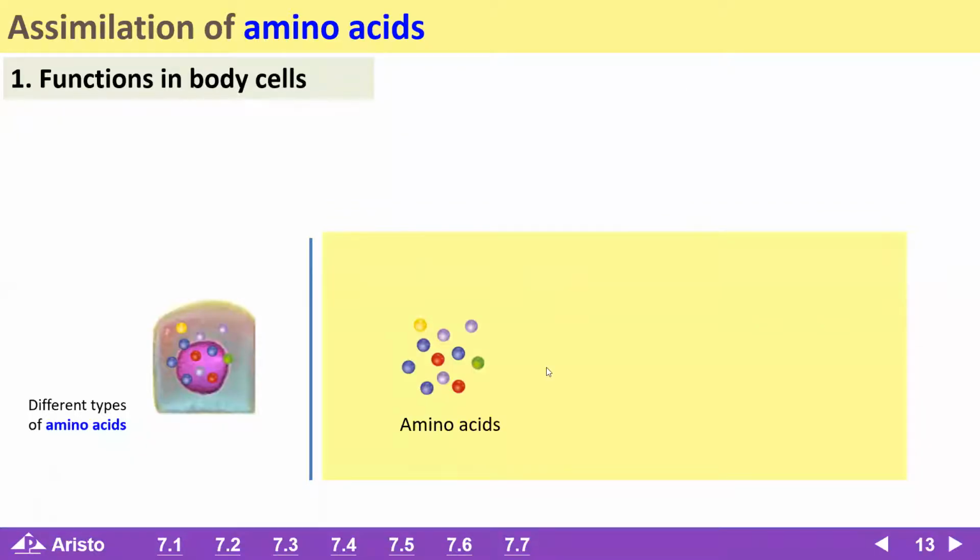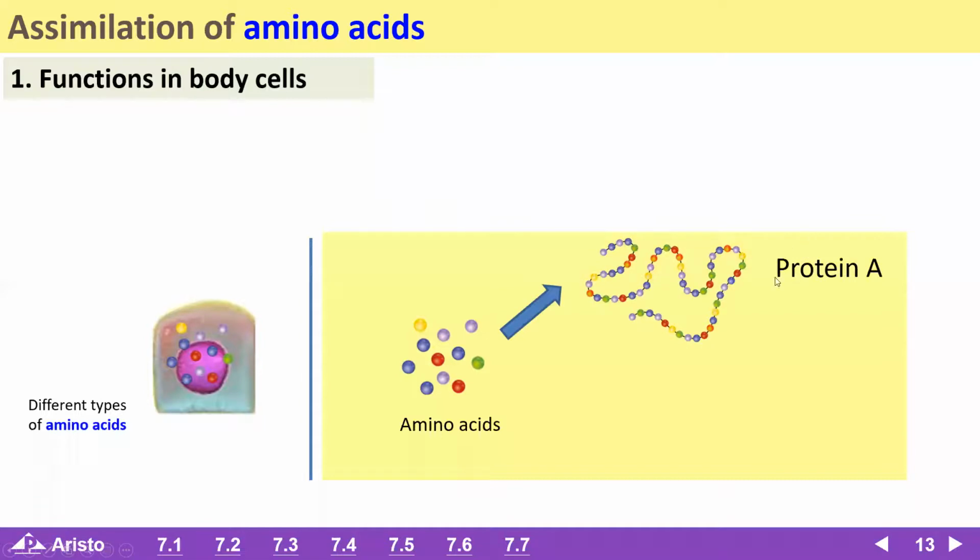These amino acids would be joined together back into proteins, okay? The large proteins. Now remember that we have 20 different types of amino acids.